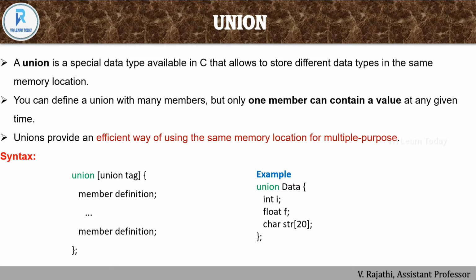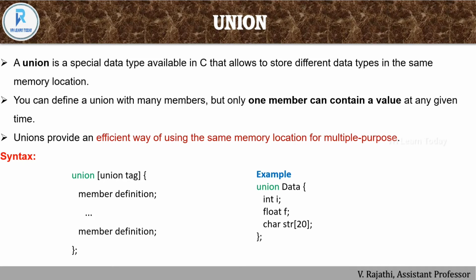So if I use these data types in a structure, the total size is 28, because 20 plus 4 plus 4, so totally 28 bytes will be allocated for the structure. Here the memory is wasted.